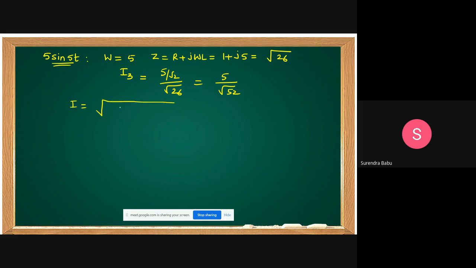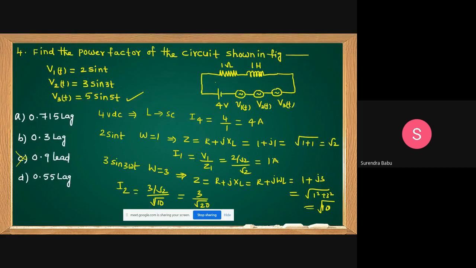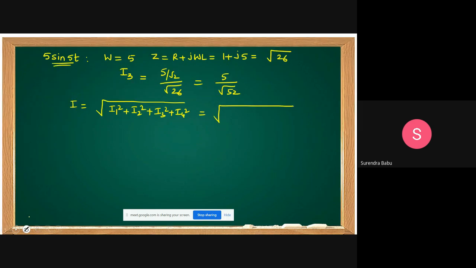Square root of I1 square plus... because directly I calculated RMS values here, again, no need to do the by root 2. This is equal to 1 square plus root 10 whole square plus this is 5 by root 52 whole square plus this is how much?